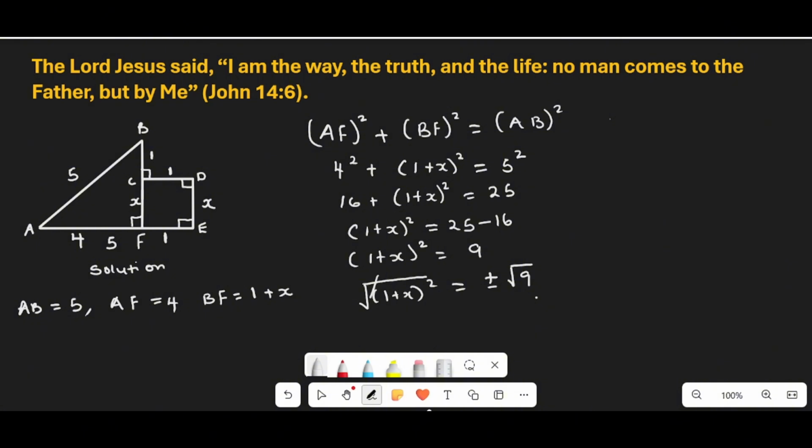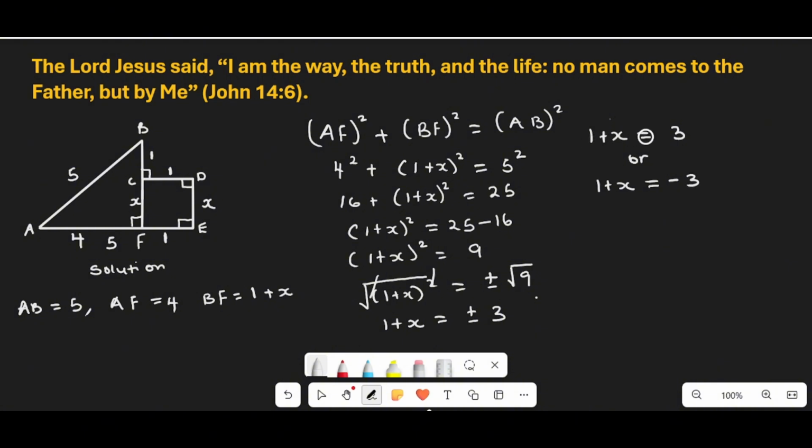So this cancels this, and we are going to have 1 plus x equal to plus or minus 3. So therefore 1 plus x equal to 3, or 1 plus x equal to minus 3.